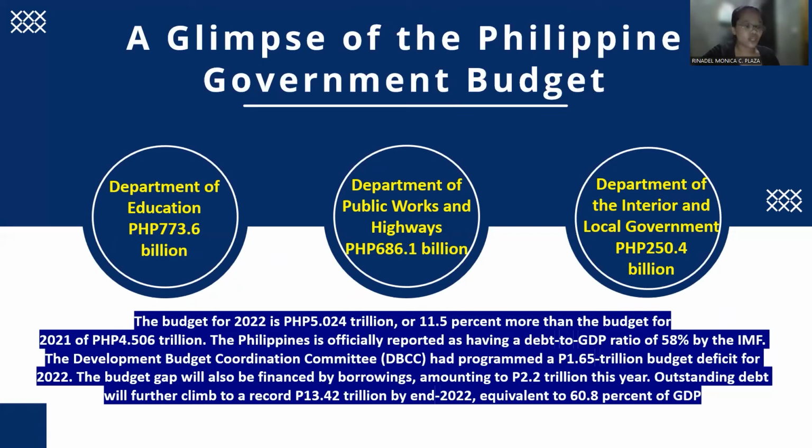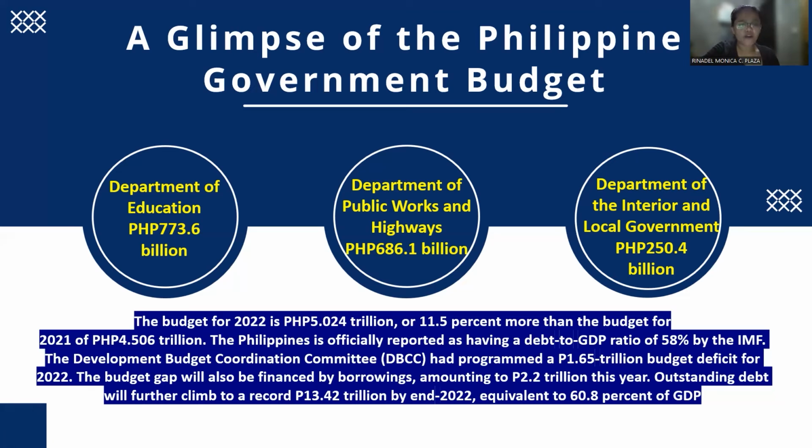The Department of Education received the most funding with 773.6 billion. The second is the Department of Public Works and Highways, 686.1 billion. And the budget for the Department of Interior and Local Government is 250.4 billion. So these are the top three agencies that receive the highest funding.